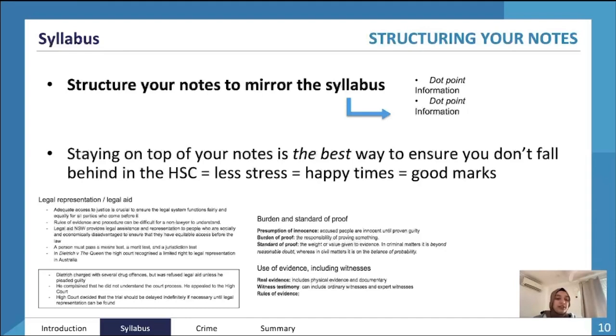For legislation, the textbook would be your go-to, but you can also do additional research. I would recommend additional research more so for cases. If there's a particular case that you can't find in a textbook, do your additional research online or through other websites.